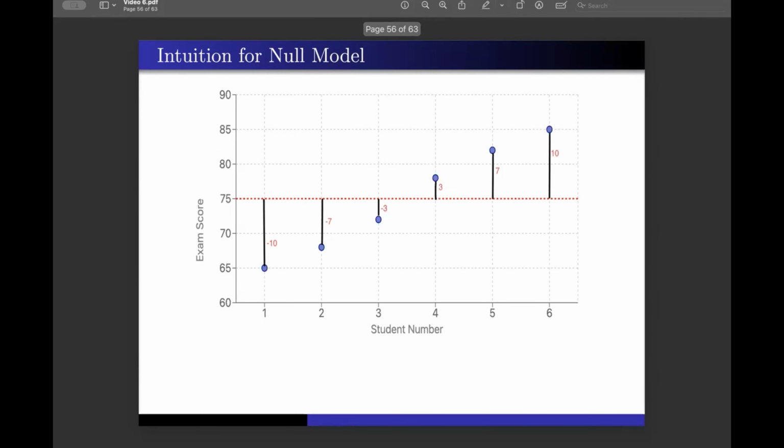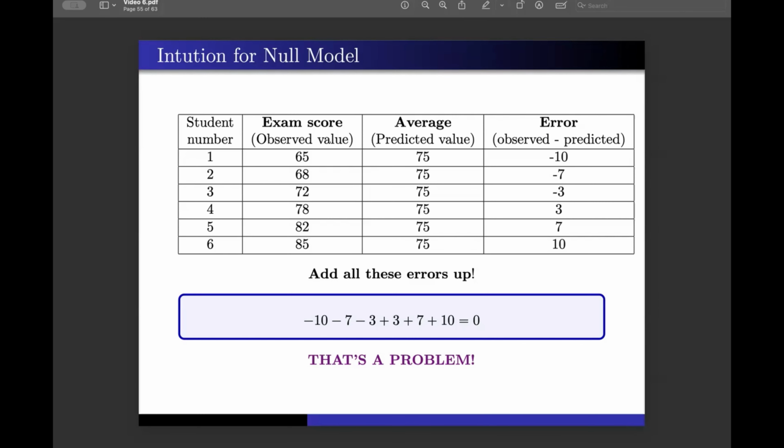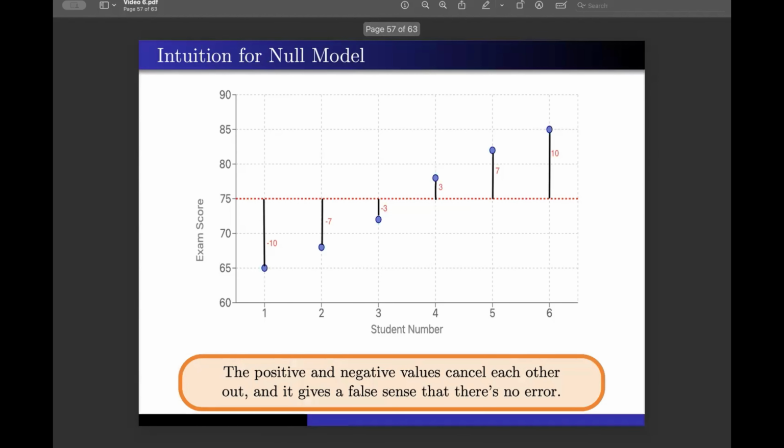So we have error from each observation, but adding it up gives us 0. That doesn't make sense, and it is happening because we have negative and positive values of error. The positive and negative differences cancel each other out. So summing these raw errors gives us a misleading picture. It hides how far off we actually are.